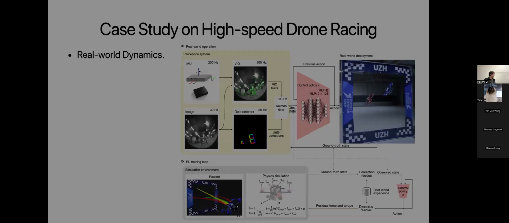And this work is from the very beginning. I showed this: there is a drone racing winning the world championship. The way they do that is still sim-to-real, but this time they consider RL algorithms.